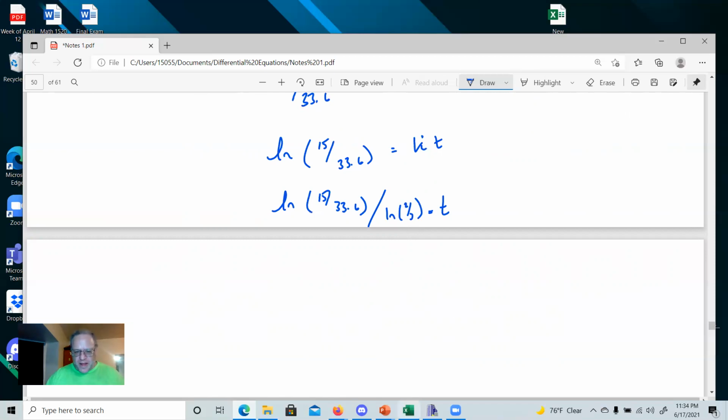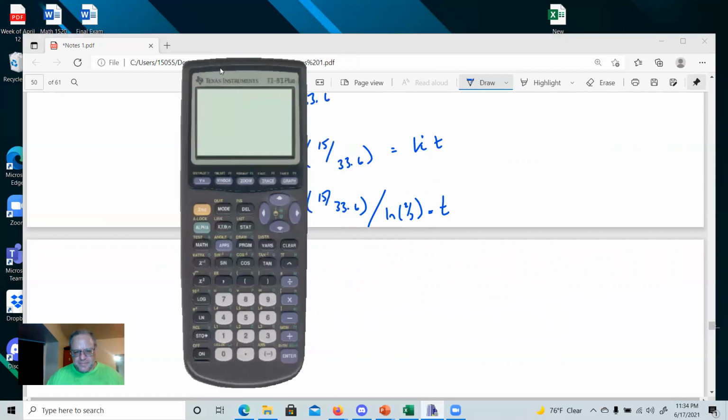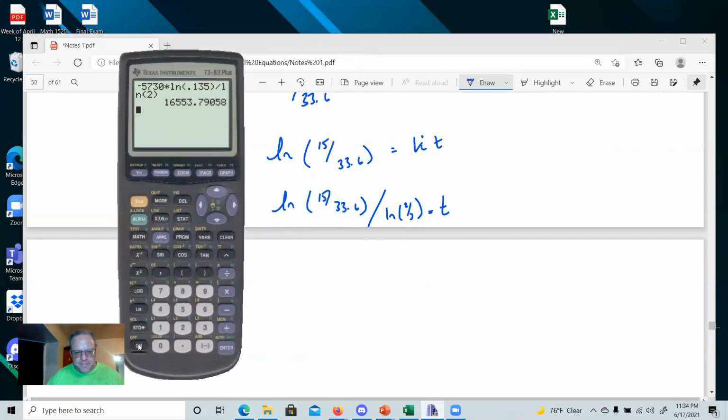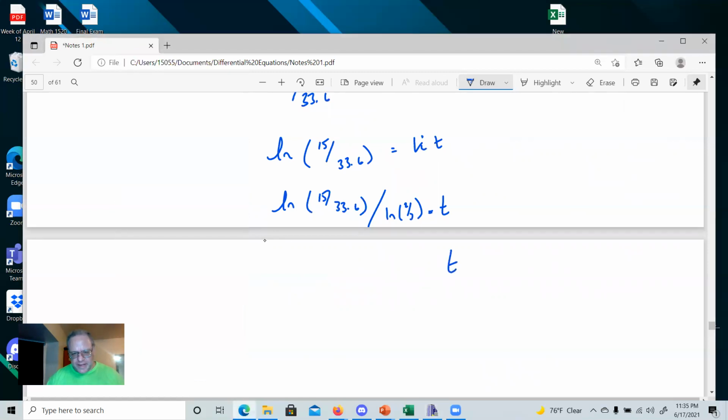And we plug all of that in: natural log of 15 divided by 33.6, divided by natural log of 2/3. And we got t is about 1.98 hours.